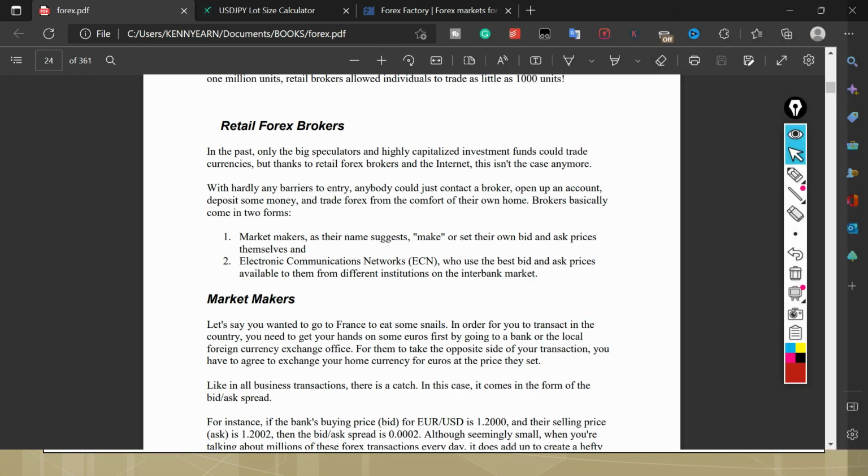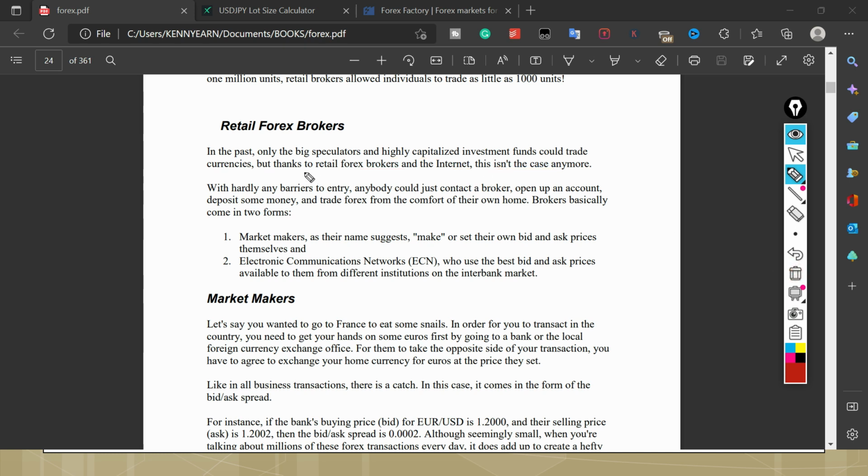So all right, let's talk about the retail forex broker. It's very important you know this one. In the past, only big speculators and high capitalized investment funds could trade the currencies. But thanks to retail forex brokers and the internet, this isn't the case anymore.